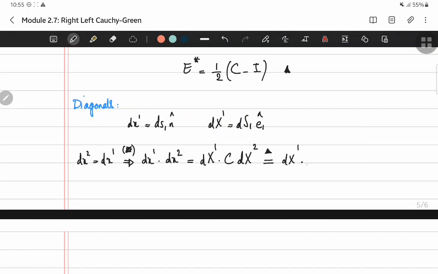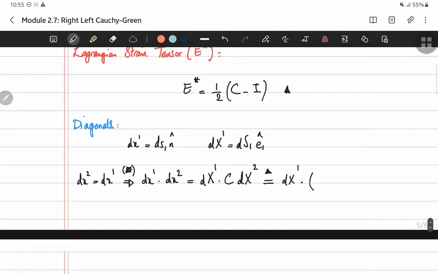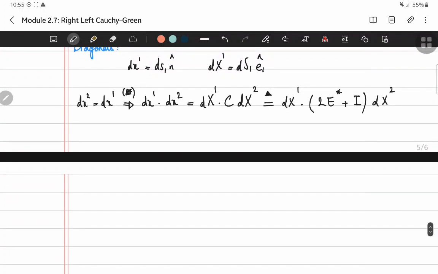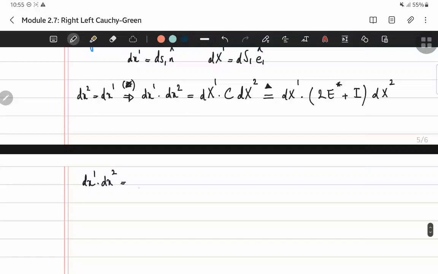Instead of writing C in here, I can write C as 2E star plus I. So I have dx1 dot dx2 equal to, and remember, these are just elements, not exponents, dx1 dot 2 E star dx2 plus dx1 dot I dx2, which is basically dx2.